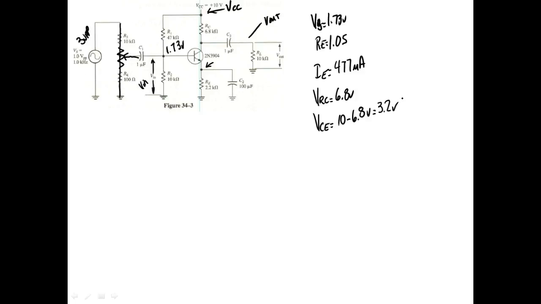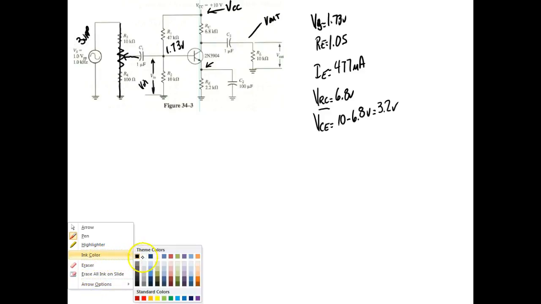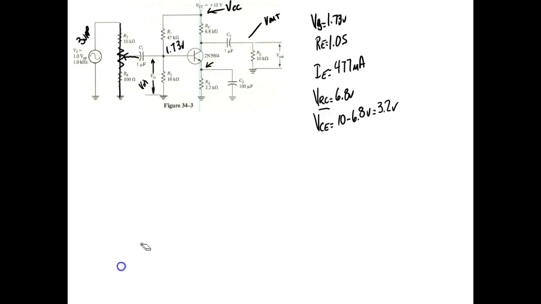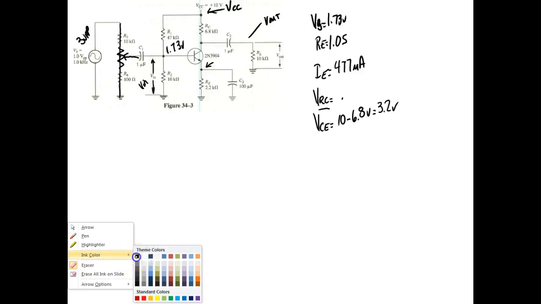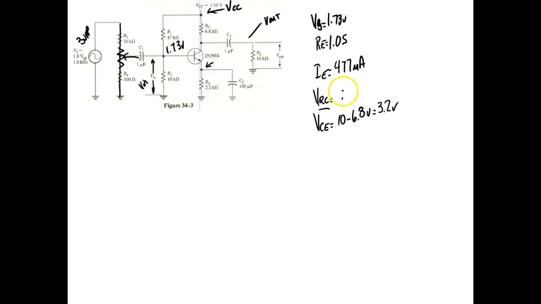So 477 times 10 to the minus 6 times 6,800 equals 3.2. So this is VRC. Y'all gave me VRC, which is not in the table, but you have to calculate VRC to calculate VC.